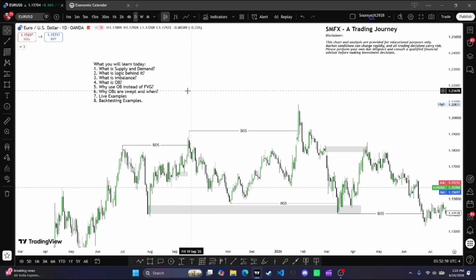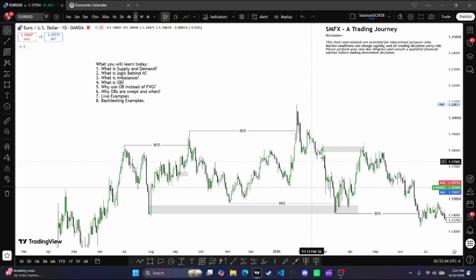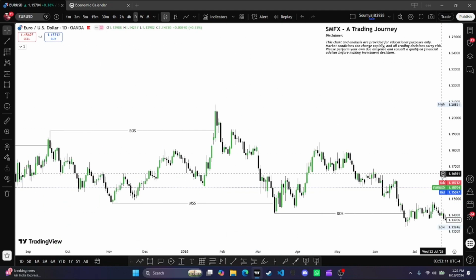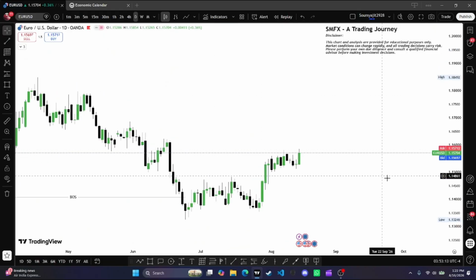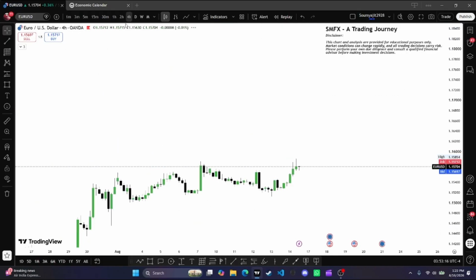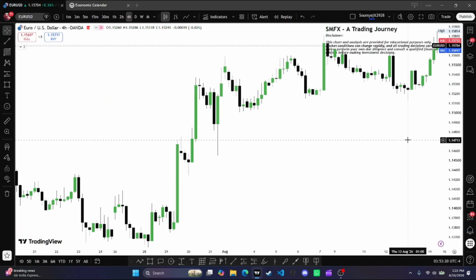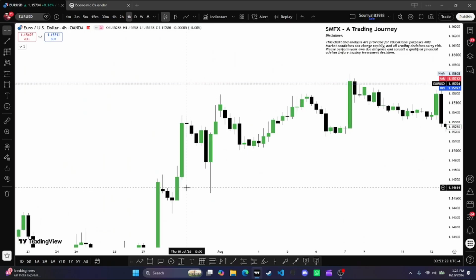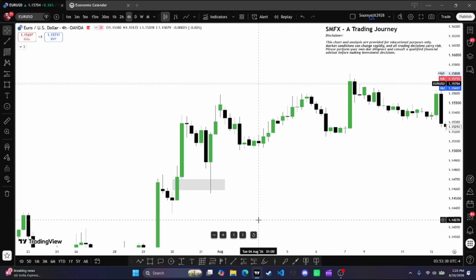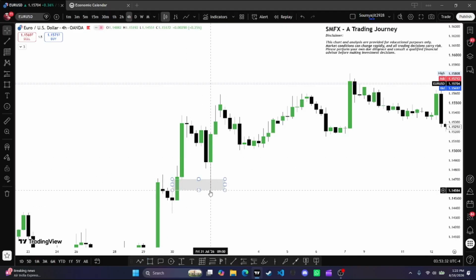And now we have why use an order block instead of an FVG. Using an order block instead of an FVG is a very important topic, because if you use an FVG, let me go to a lower time frame like this. Imagine in this case you have two FVGs, or even one. As per our definition, this is the FVG, but there is a problem.